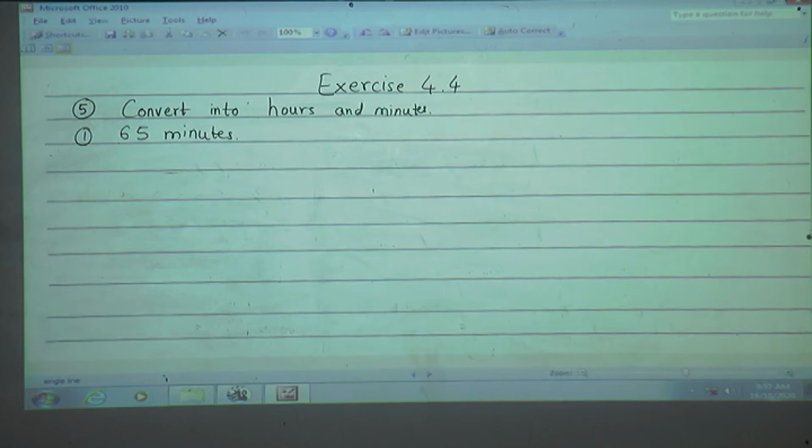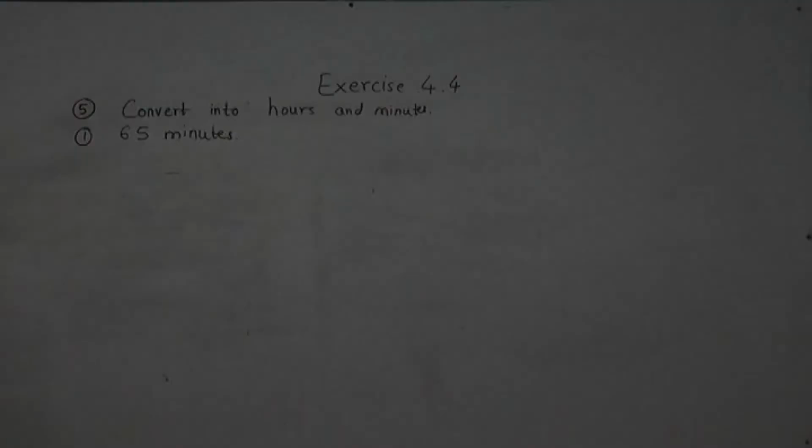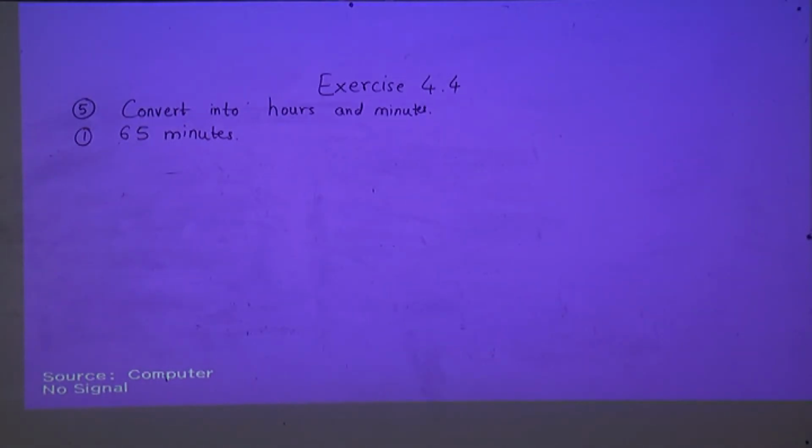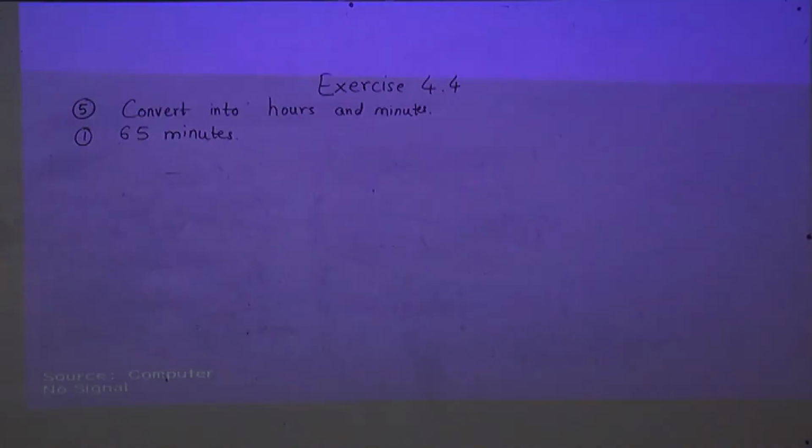Now first try to recall your memory. When you want to convert minutes into hours, what we have to do? Yes students, we have to divide by 60, isn't it? Here not about seconds, here about minutes.